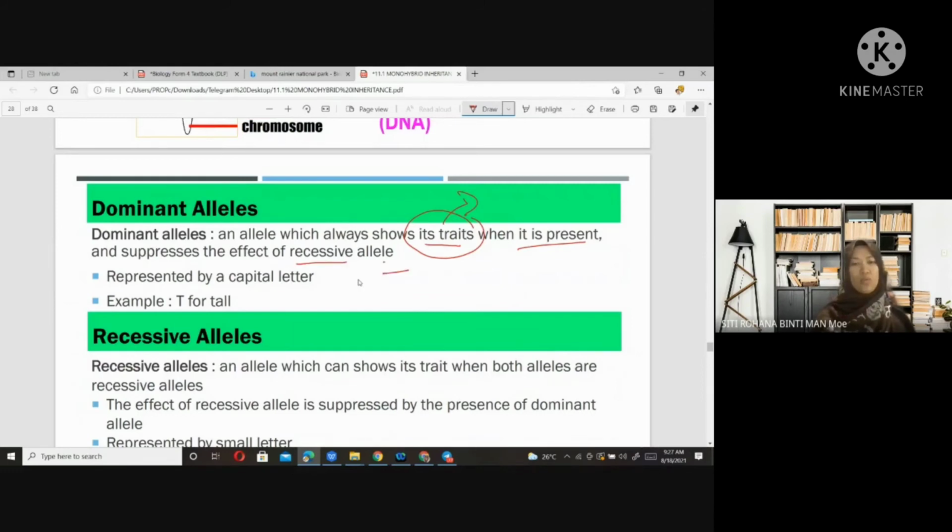So kalau wujud je T besar, T kecil tak nampak. Melainkan you kahwin pula dengan orang yang membawa T kecil ni, you akan dapat anak juga seorang. Dalam ramai-ramai seorang tu, dapatlah contoh kat sini, rendah. Okay, yang lain semua tinggi.